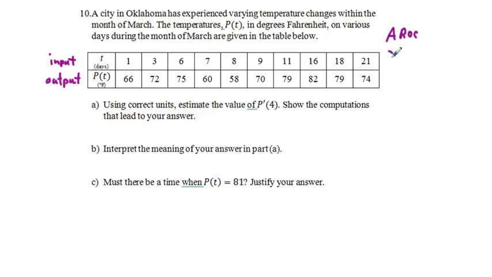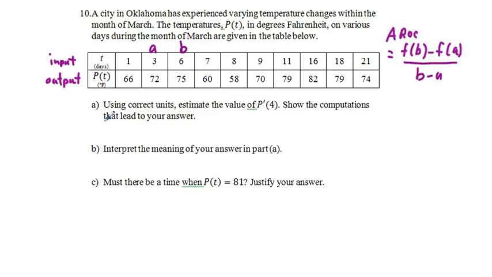And that's going to be f of b minus f of a over b minus a. In this case, for t equals 4, we're between t equals 3 and t equals 6. So we're going to let 6 equal b and 3 equal a.